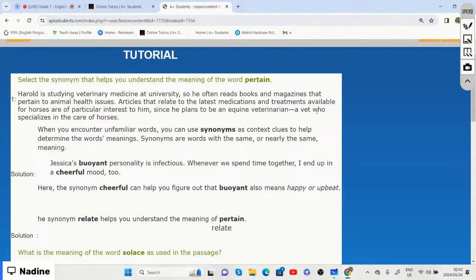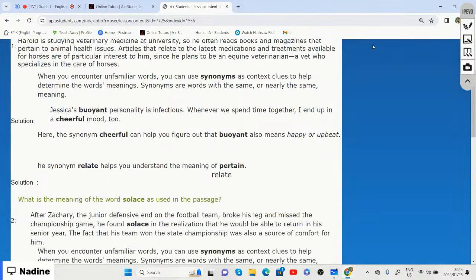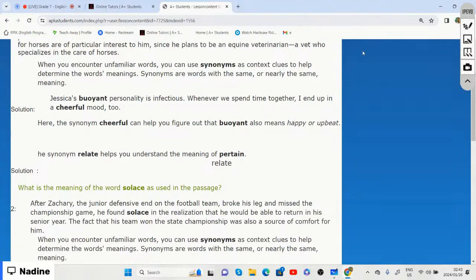So we need to find the meaning of the word pertain, right? And we said the synonym relate helps you understand the meaning of pertain, which means that the meaning of pertain is basically relate.